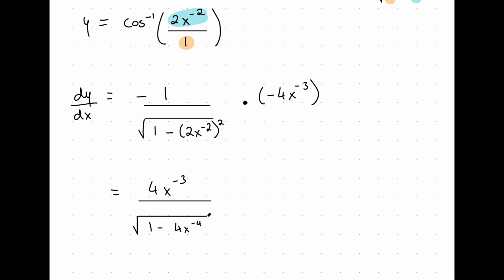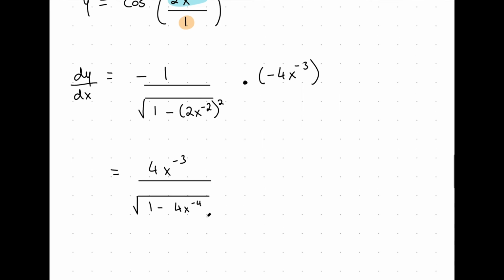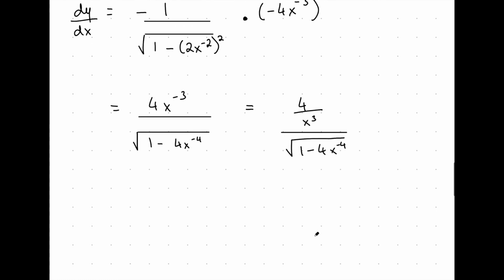Now, you can leave it like that and start your subbing in or whatever the rest of the question was, or you can rearrange it. I could write that as 4 all over x cubed, all over the square root of 1 minus 4x to the minus 4, which again could be written as a fraction.